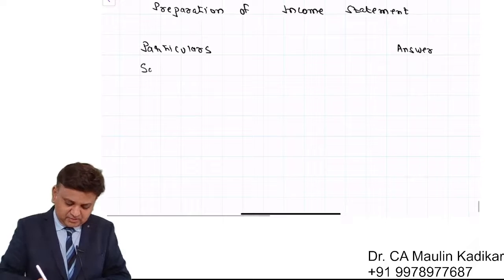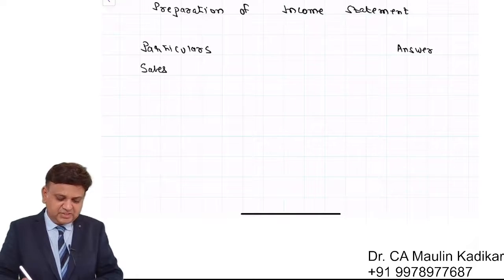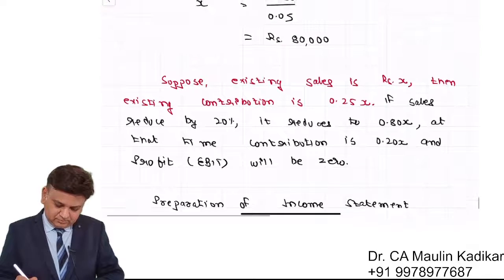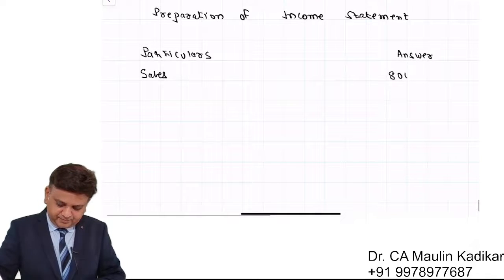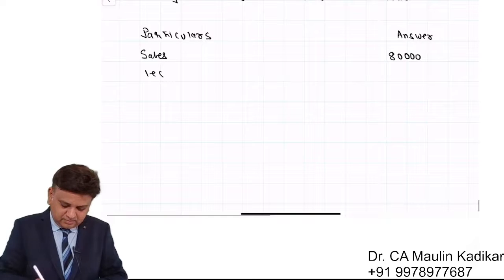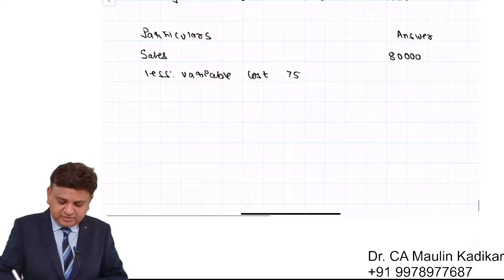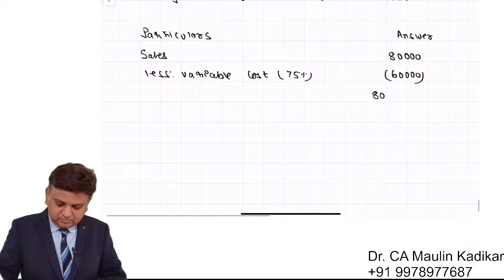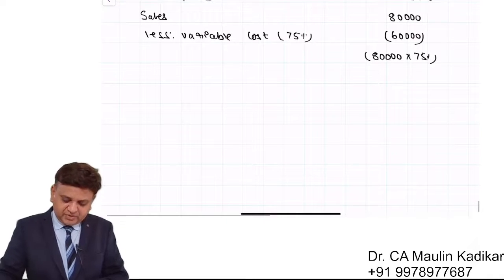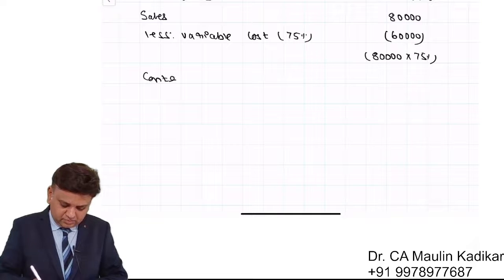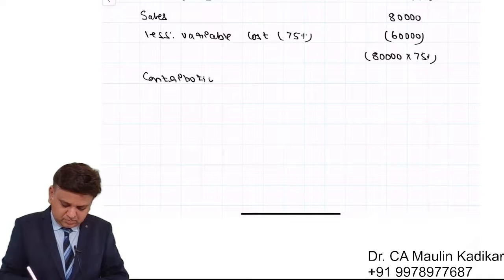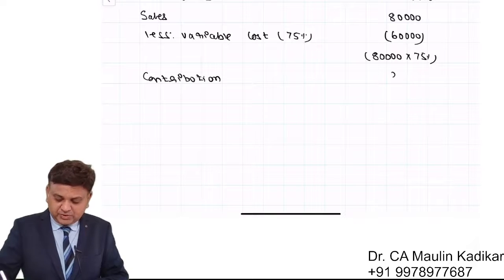In that sales, it is an amount of rupees 80,000, less variable cost 75%, that is 60,000. Difference of both of them is contribution. Amount of contribution is 20,000.